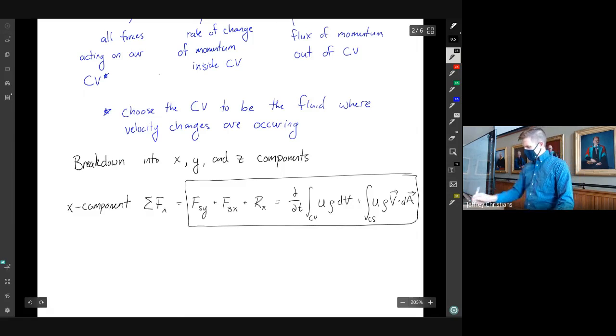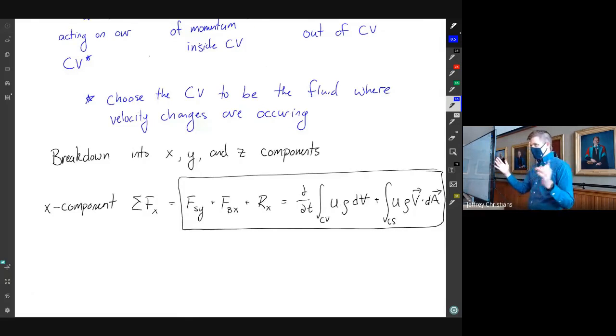Okay, so a couple important things to note. Splitting it up gets rid of a lot of the vector notation. And if we have multiple dimensions, then we would first do the x dimension, then the y dimension, then z, and treat them all independently.